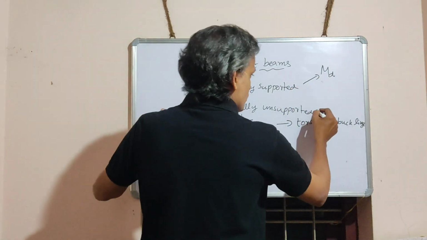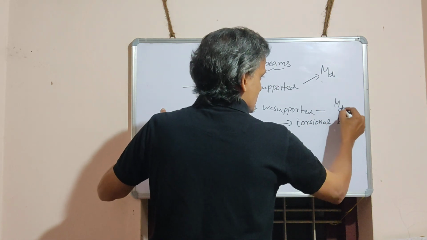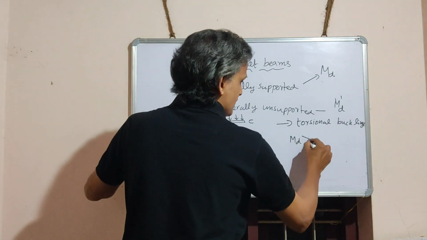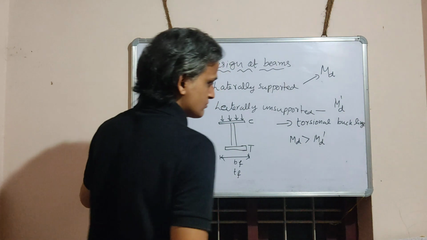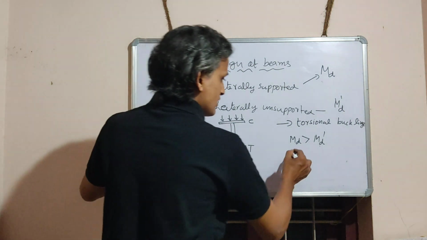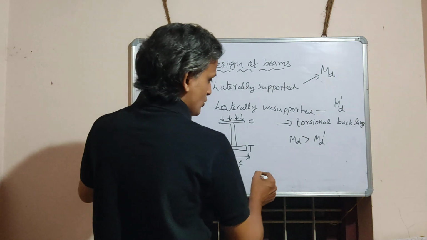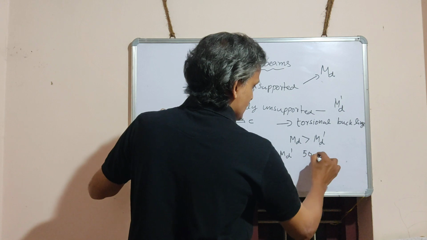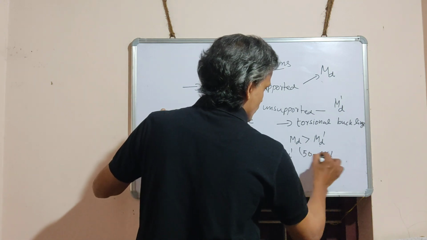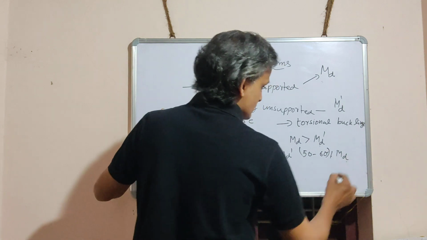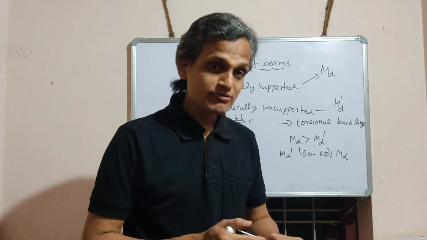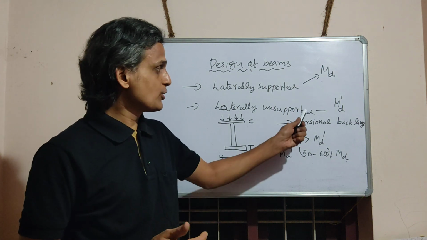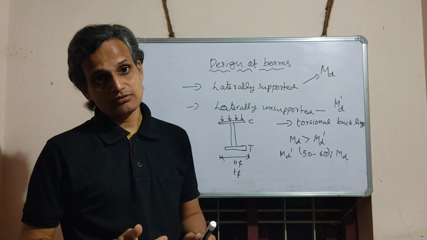For the laterally unsupported case, let the moment capacity be MD dash. Definitely MD will be higher than MD dash. In many cases, MD dash is in the range of 50 to 60% of MD. That is, there is a reduction of 40% moment capacity. It is due to the lateral torsional buckling.